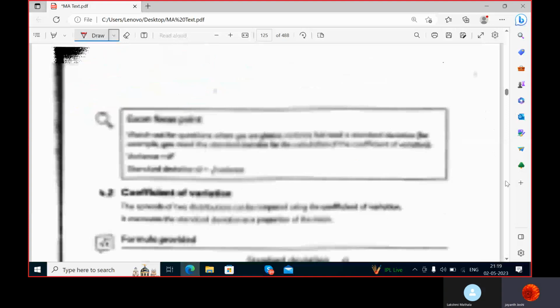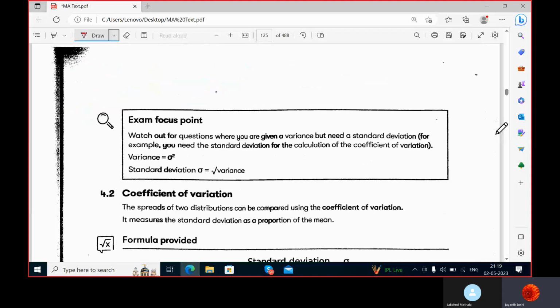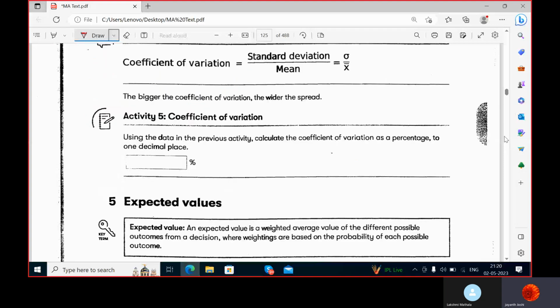The next topic is coefficient of variation. See, what is this coefficient of variation?